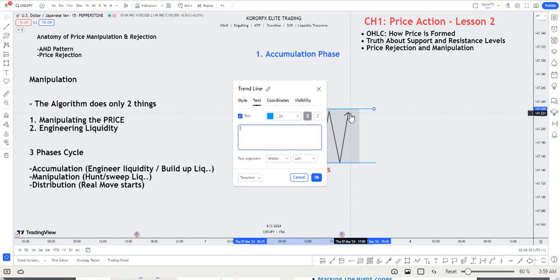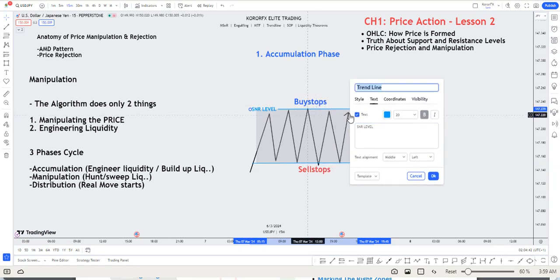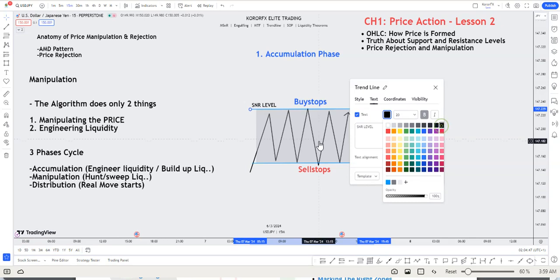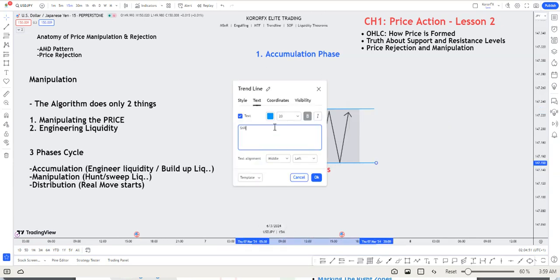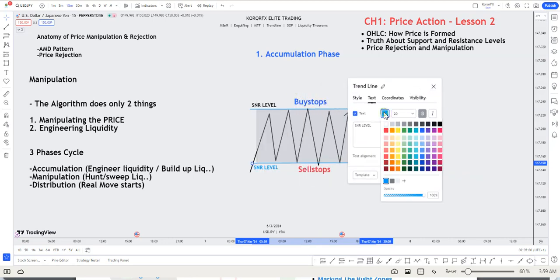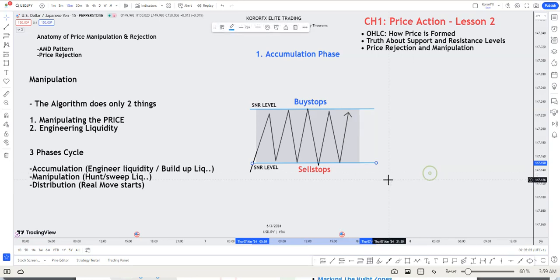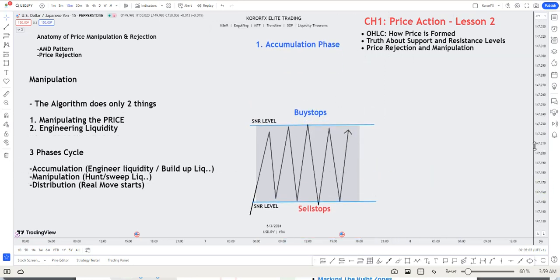Let us say this is an SNR level, and we also have another SNR level. I want to make you understand what is happening on these two levels.